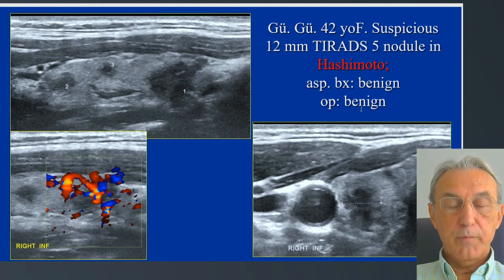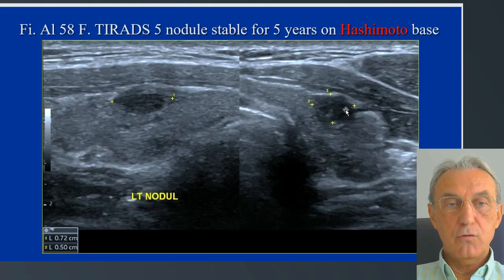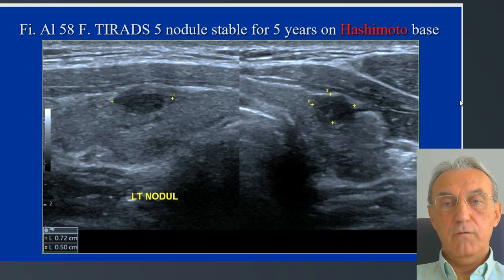It was operated, but still it turned out to be a benign nodule on Hashimoto base. This is a 58-year-old female and has a similar Thyroid 5 nodule, stable for 5 years on Hashimoto base.